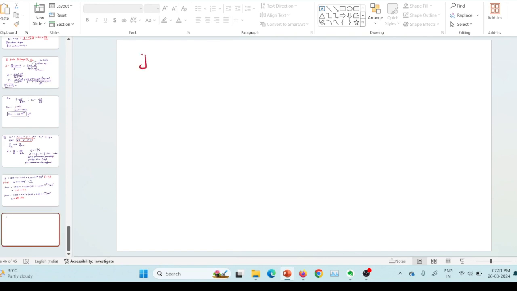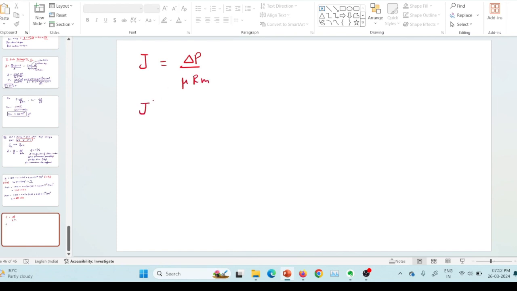Formula of J is delta P divided by mu Rm.